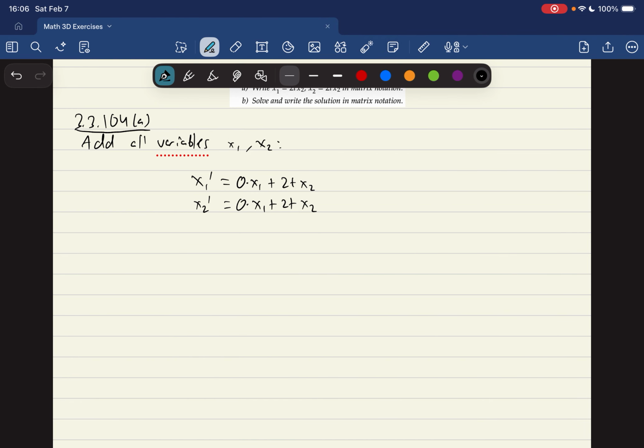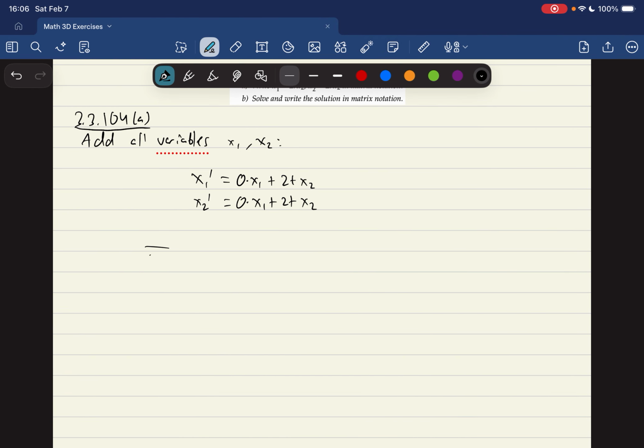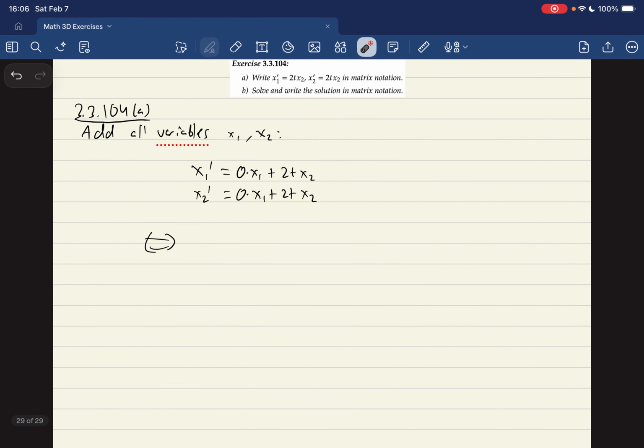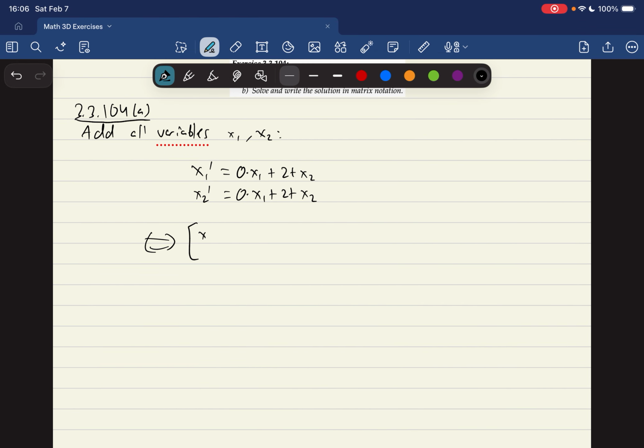Once we have it in this way, we can rewrite this system as follows. I'm going to take the left side and package it into a column vector. And then on the right side, I'm going to add in this matrix.